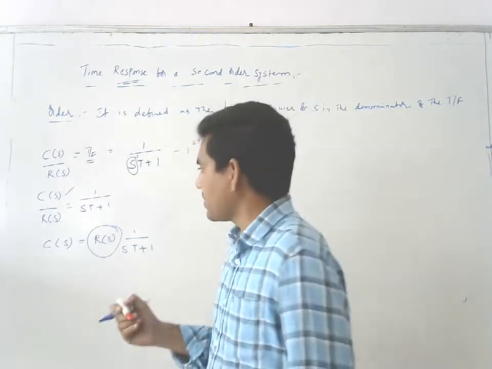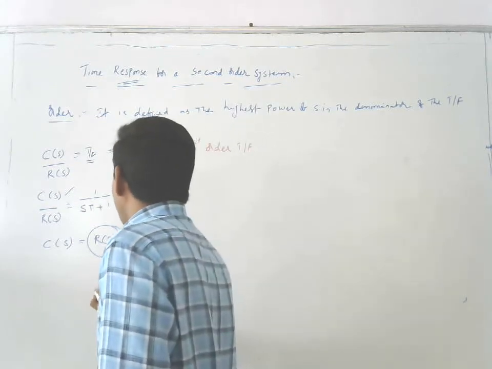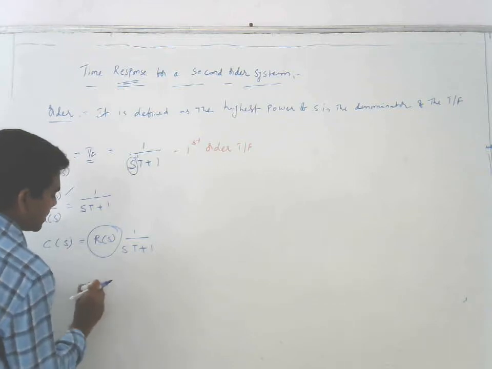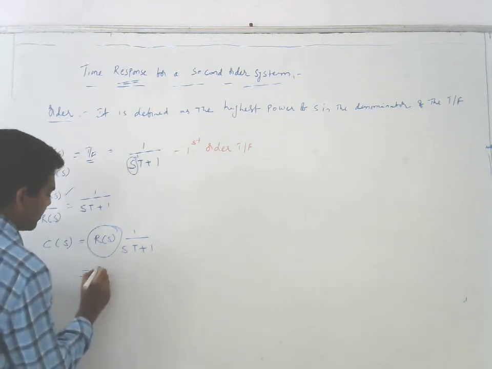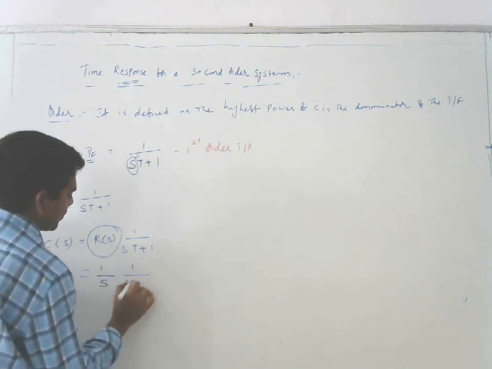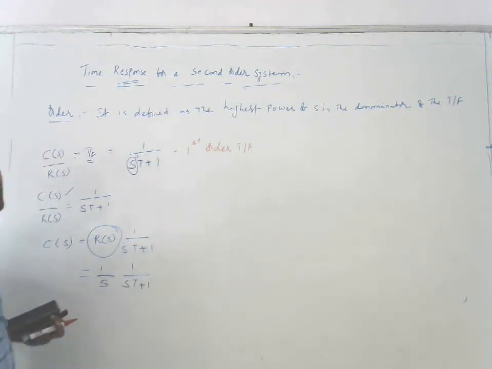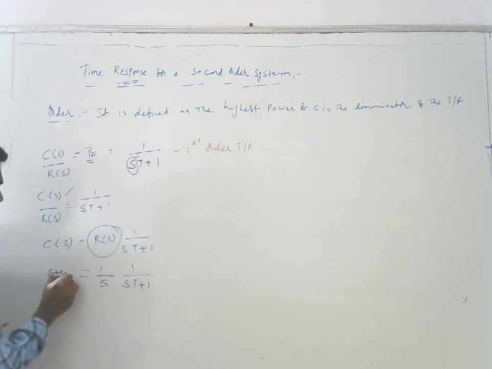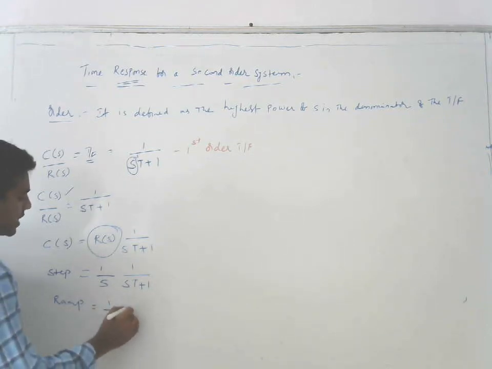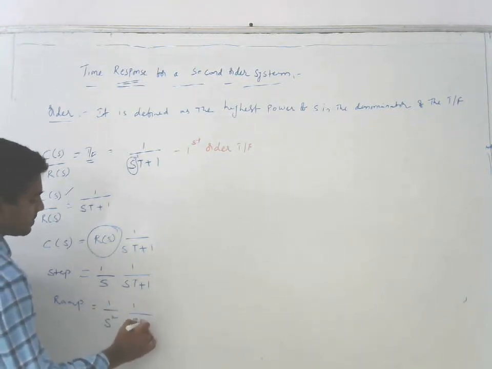For example, if I am giving a step, we multiply with 1 by s into 1 by sT plus 1. If I am giving a ramp, this becomes 1 by s square into 1 by sT plus 1.